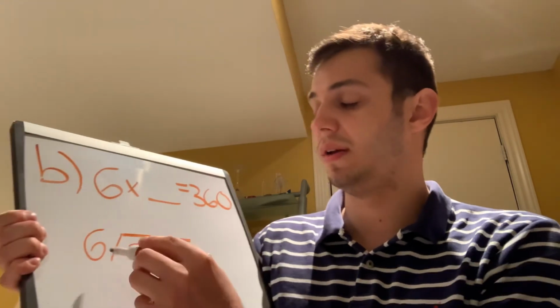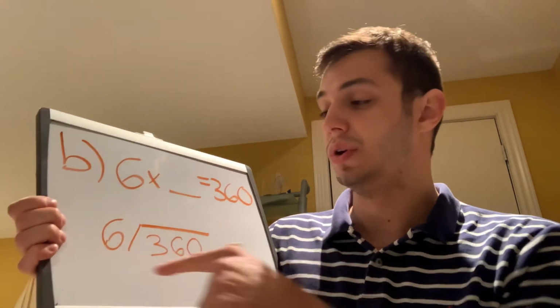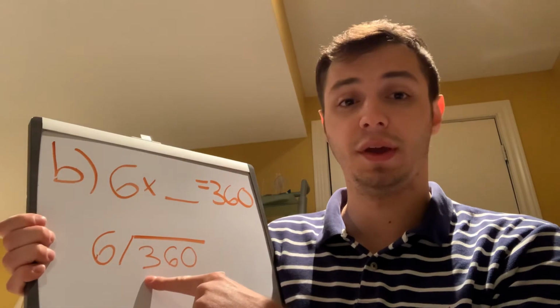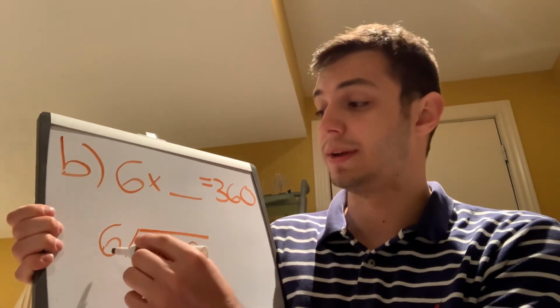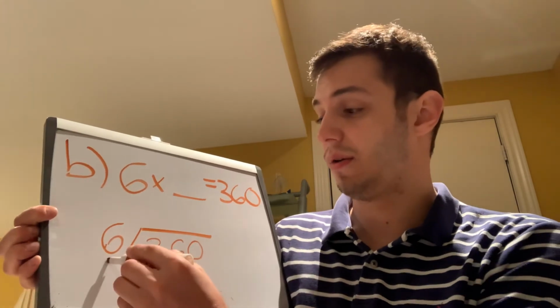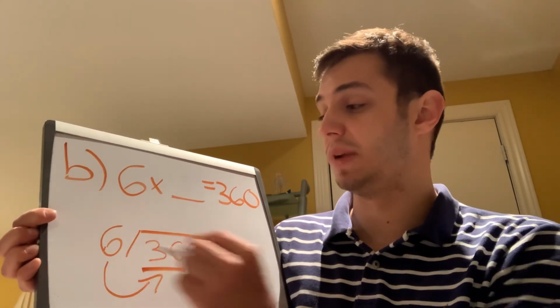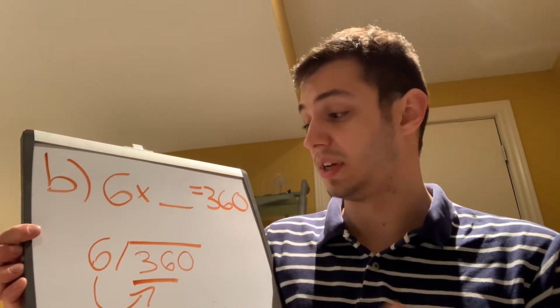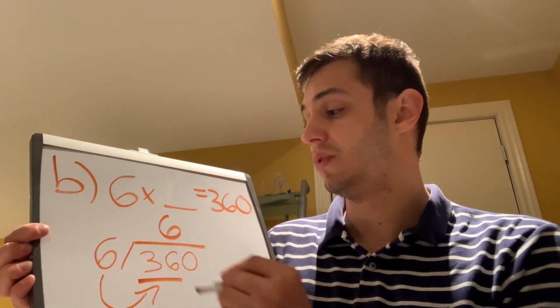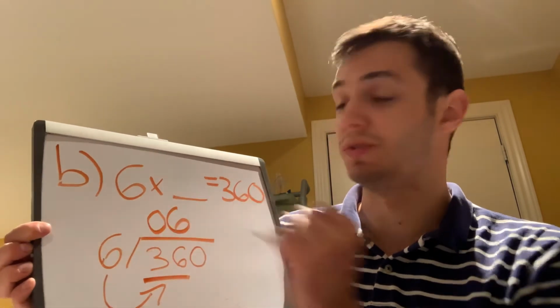So now we're going to look at the 6 and start dividing it under the numbers. So can 6 divide into 3? No. Can 6 divide into 36? Yes, it can. 36 divided by 6 equals 6. Remember, the 6 has to go above the 6 because there is that 0, 6.